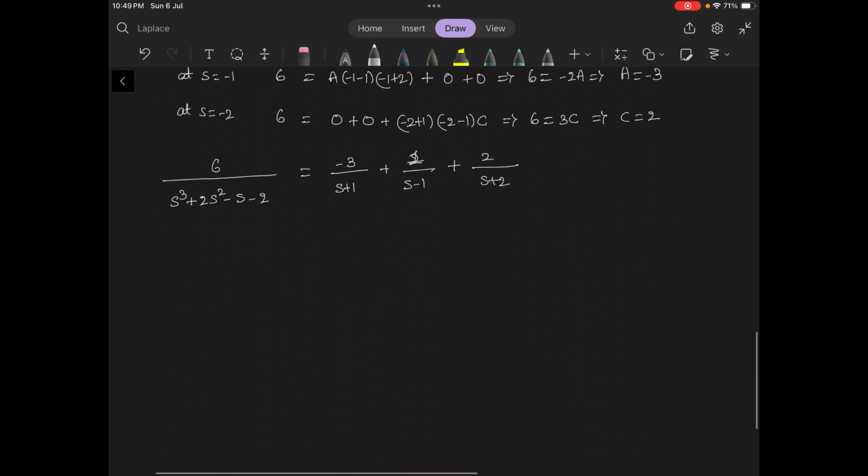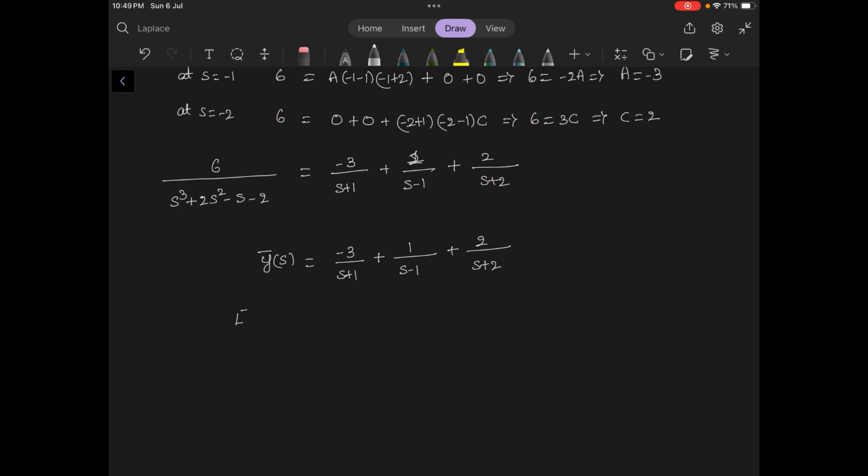So we got y bar of s is equal to minus 3 divided by s plus 1, plus 1 divided by s minus 1, plus 2 divided by s plus 2. Now I am going to apply the inverse Laplace transformation for this.